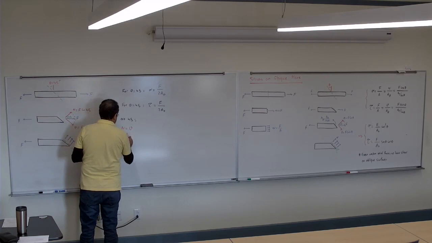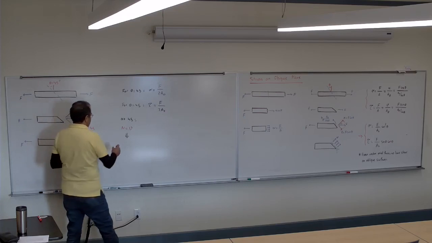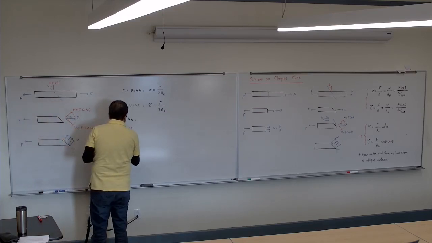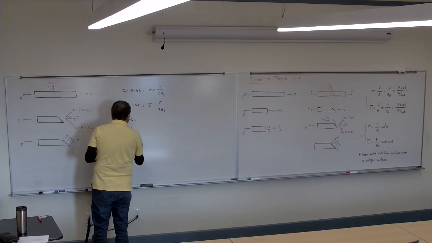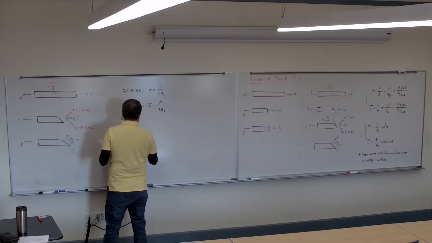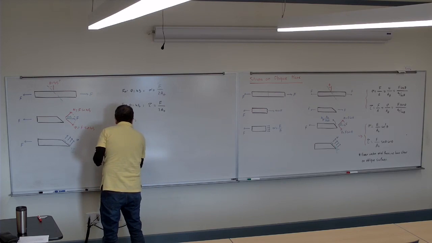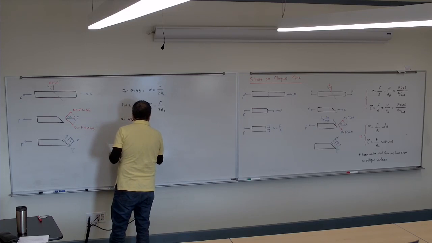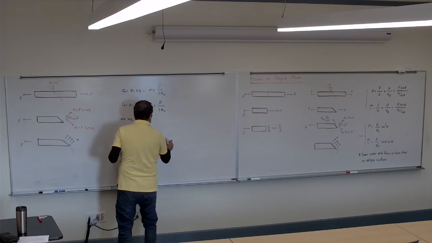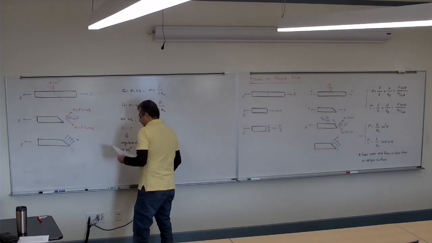Therefore, the magnitude of sigma at 45 degrees is equal to the magnitude of tau at 45 degrees.